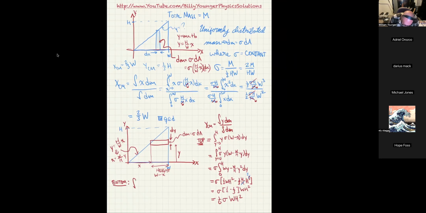The integral of dm is going to be the same dm I used before, which was sigma dA. And you see that this sigma dA became w minus w over h times y. So this is going to be sigma integral w minus w over h y dy.